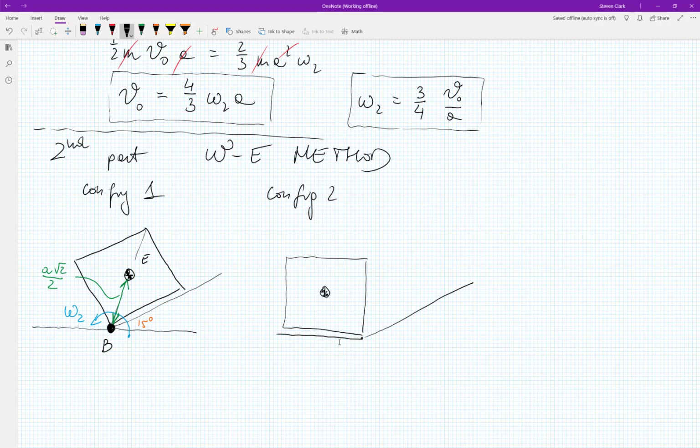Somebody says no. So I'm going to give you second choice, okay? Because there's also such configuration to consider. Maybe such configuration will be better.